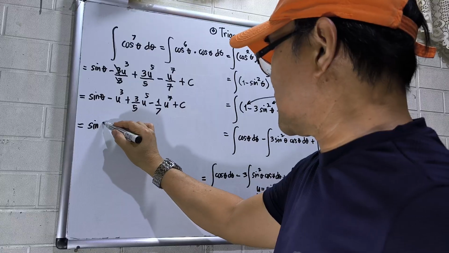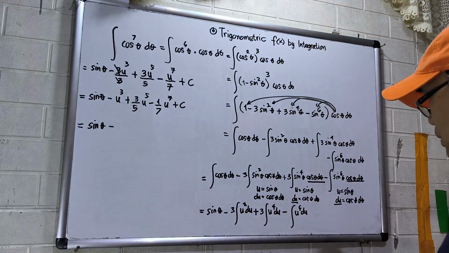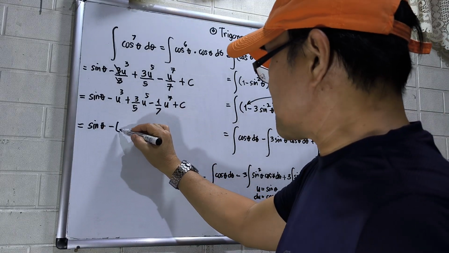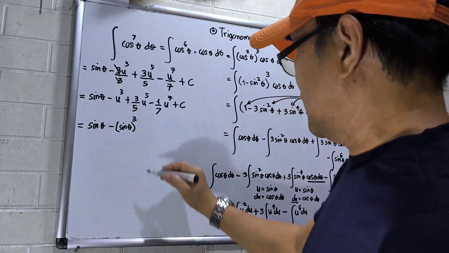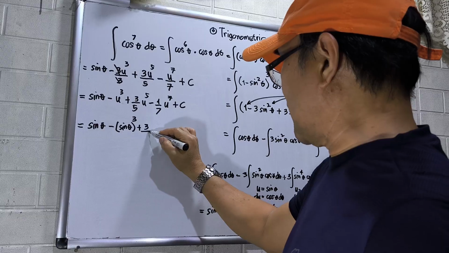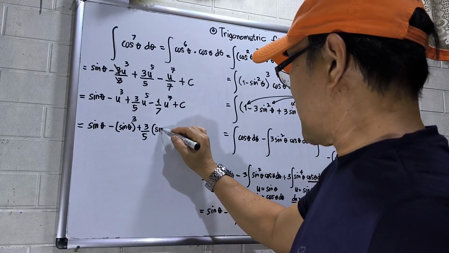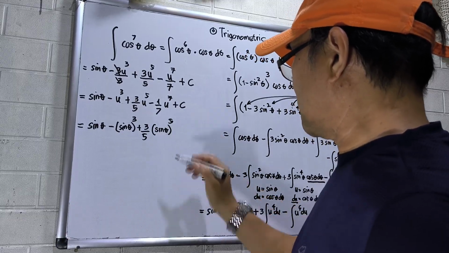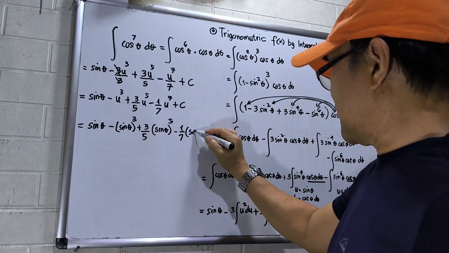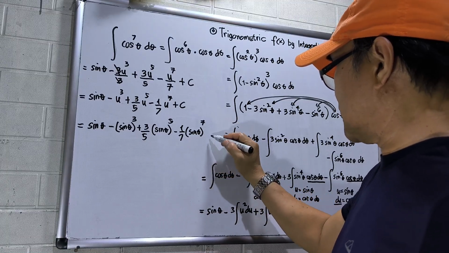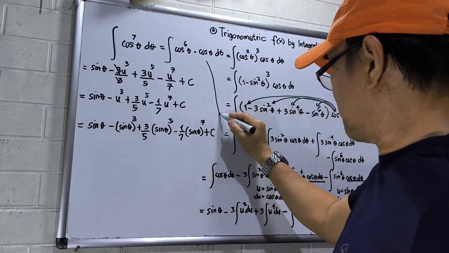So this will be sine theta minus, u is sine, so this will be sine theta to the power of 3. Then this will be plus 3 over 5 sine theta to the 5th. Then minus 1 over 7 sine theta to the 7th. And then this will be plus c.